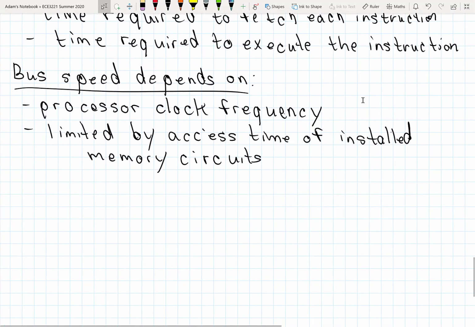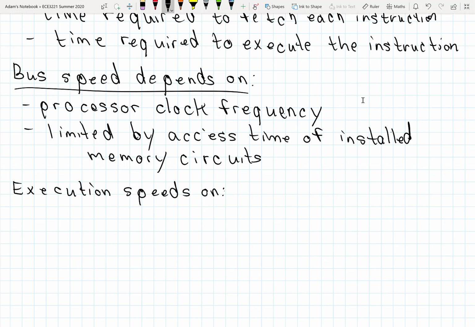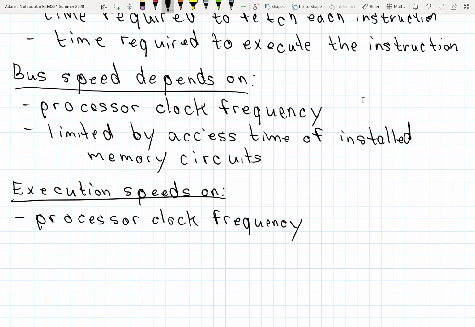In terms of the execution component of the cycle, the execution speed also depends on a couple of primary aspects. And that is, again, the processor clock frequency. Remember that the processor is really just a large sequential circuit. Those sequential circuits only change state on the clock edges, so the faster those happen, the faster the states can change.